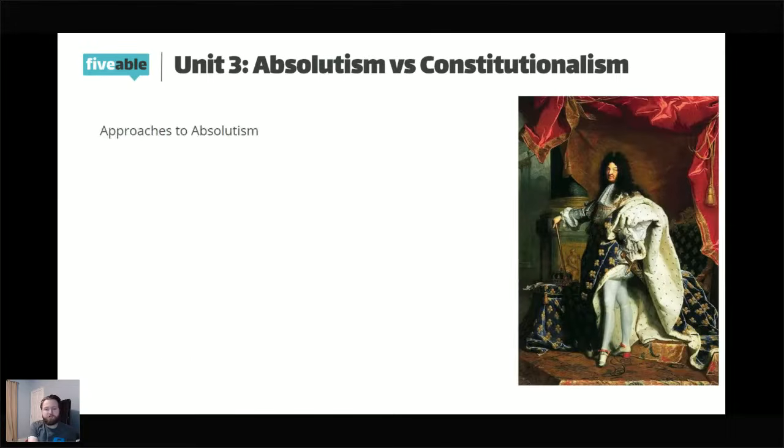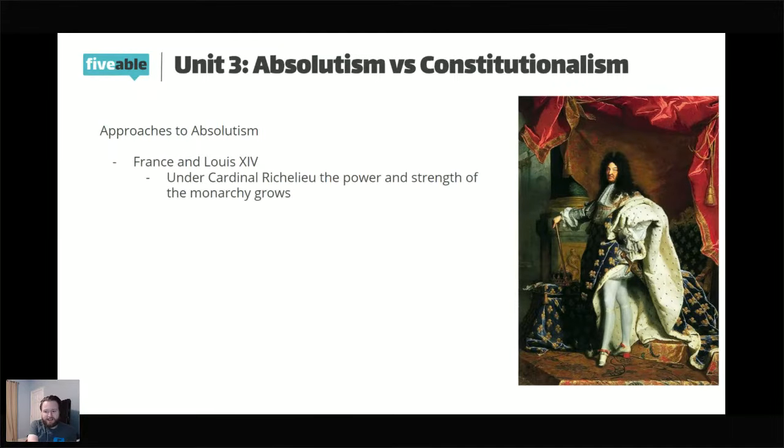Now, on to our boy Louis. So we'll talk about approaches to absolutism, looking specifically at Louis XIV and Peter the Great. So France and Louis XIV, he is the model absolute king. Okay, and power is going to really start to grow under Cardinal Richelieu, who is the chief minister for Louis XIV's predecessor, Louis XIII.